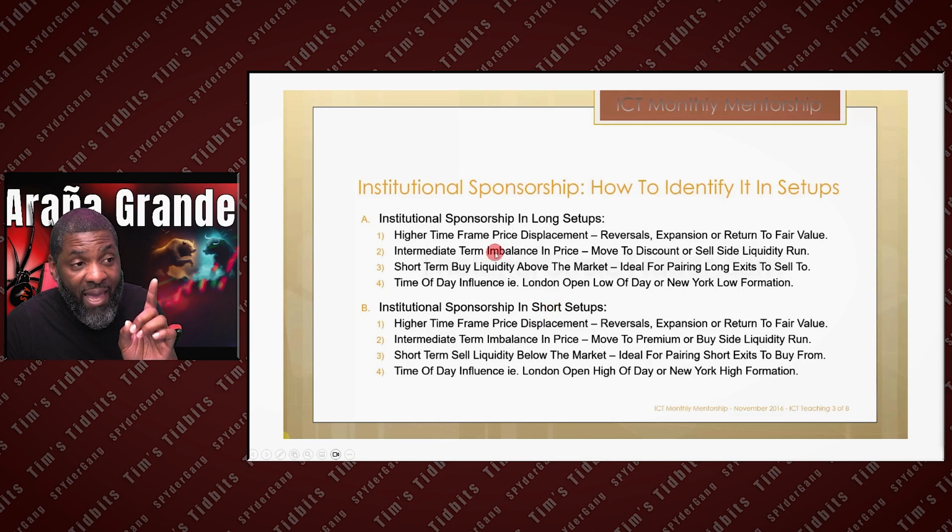We came to an intermediate-term imbalance, right? Not only did we move to a discount, but we ran sell side. We were looking for short-term buy liquidity above the market. Why? Because it's ideal for pairing long exits.